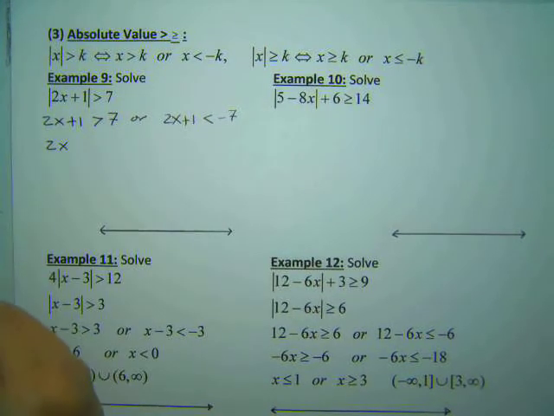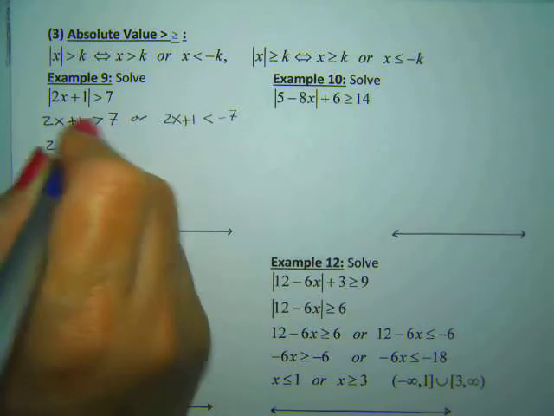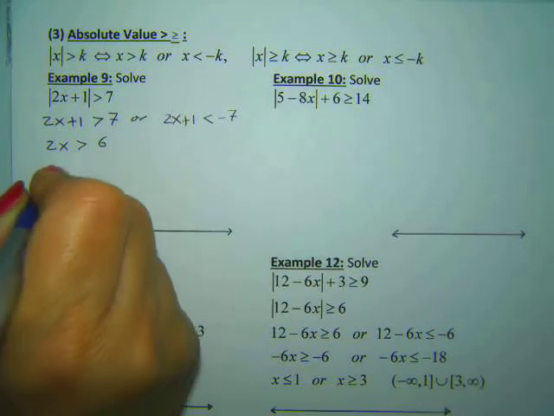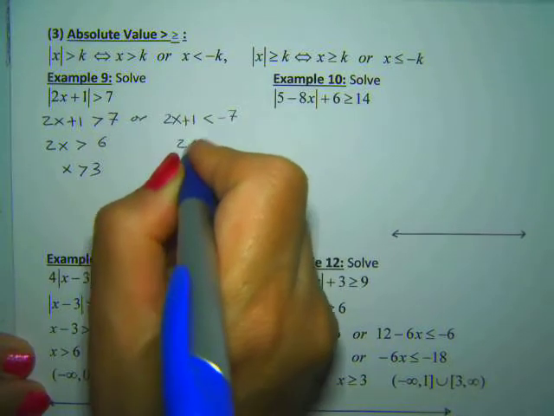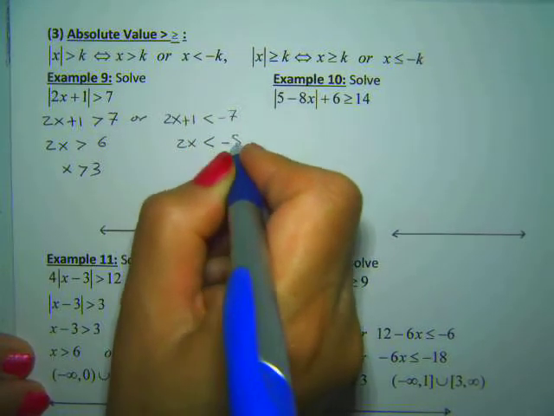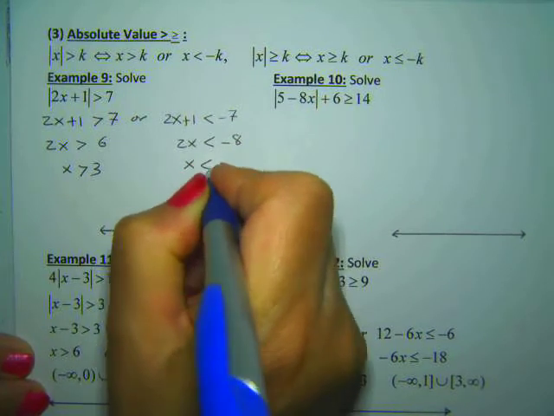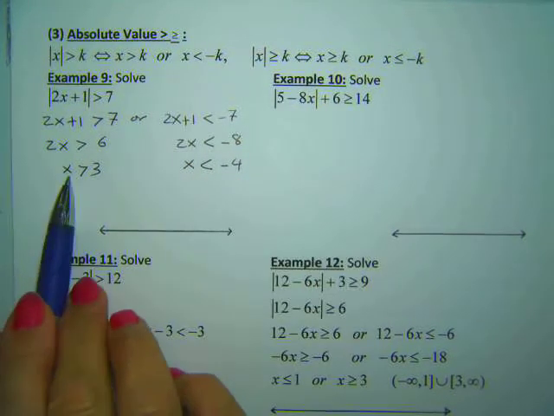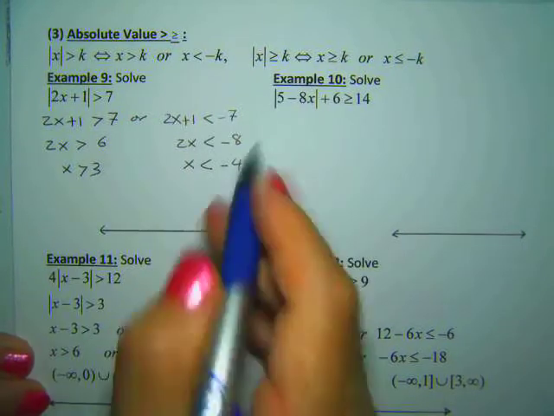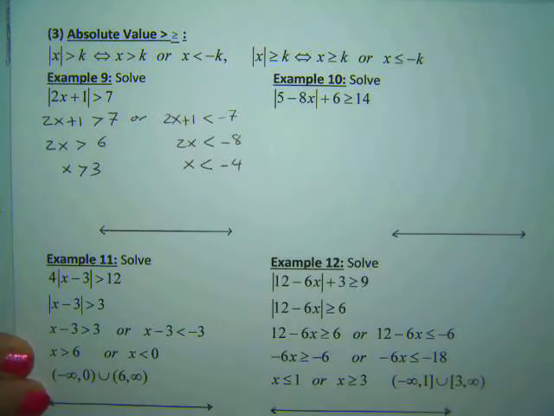So subtract 1 from both sides and divide by 2. Same thing here, subtract 1, so you're going to get negative 8. Divide by 2 is negative 4. So the two inequalities: x is greater than 3, or x is less than negative 4.